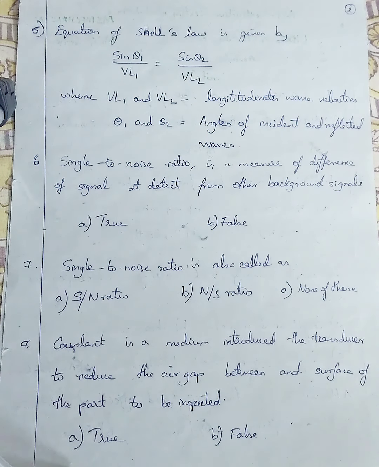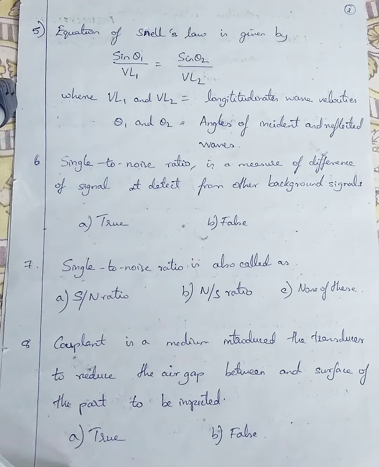So generally we will write Snell's law as sin theta 1 by VL1 is equal to sin theta 2 by VL2, where VL1 and VL2 are longitudinal wave velocities, and theta 1 and theta 2 are the angles of the incident and reflected waves.